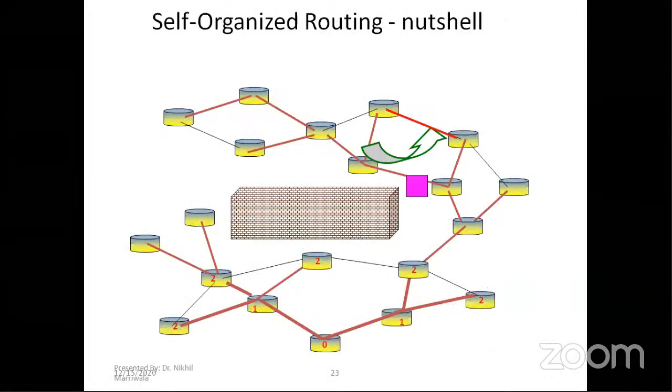Again I'll show you how this packet was moving around. You can see the packet routing, the self-organized routing, different for different packets. Even all the protocols may be utilized.